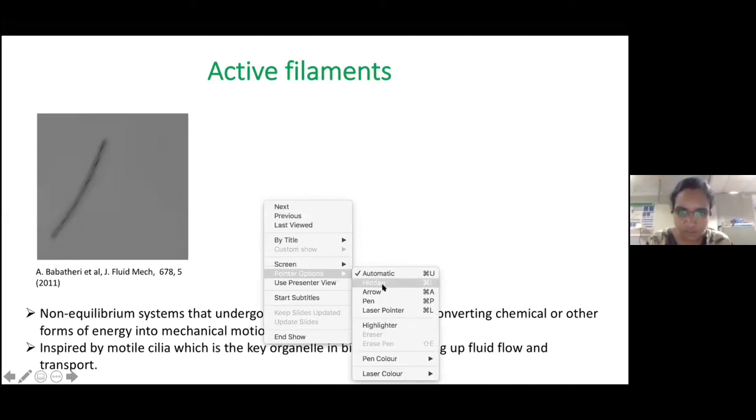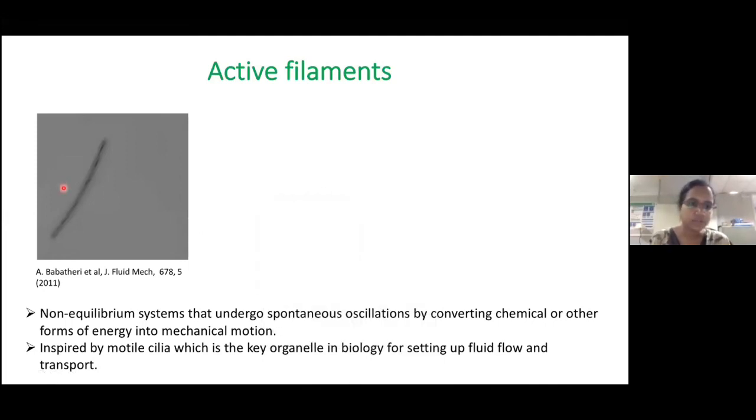Here you're looking at a chain of paramagnetic colloidal particles that are bonded to one another through a polymeric glue. And you can actuate this filament by applying time varying magnetic fields.